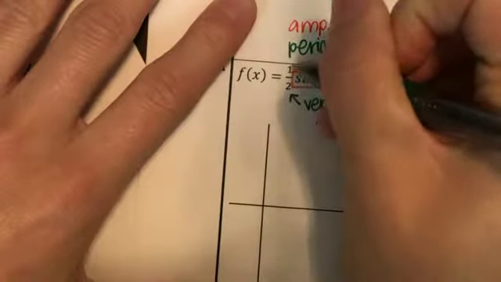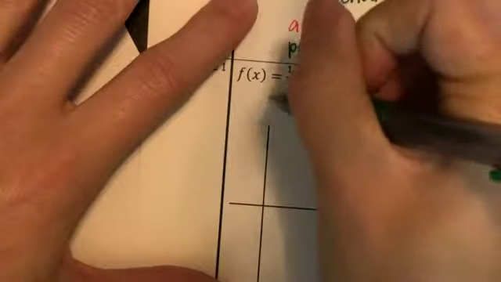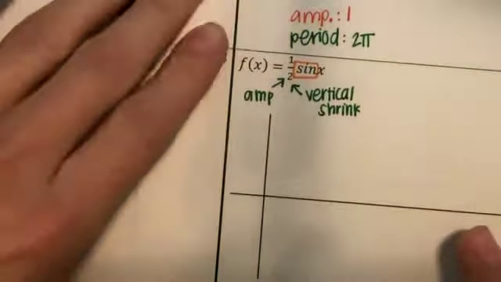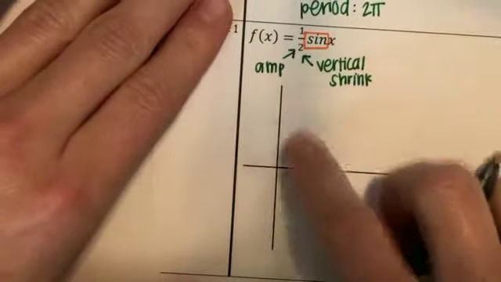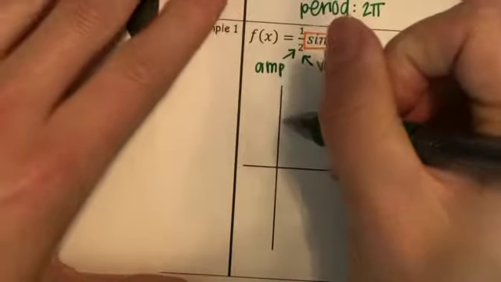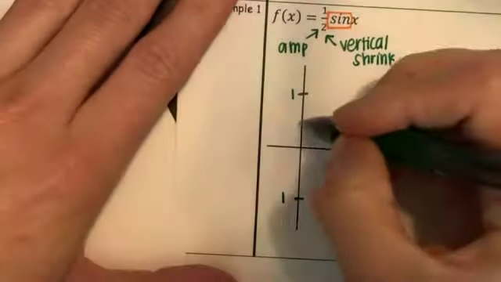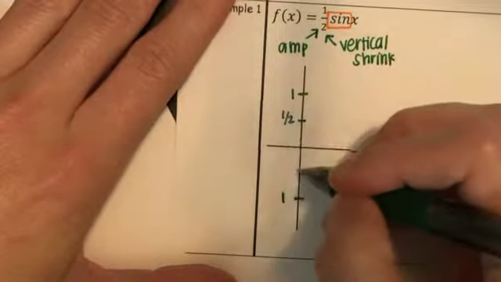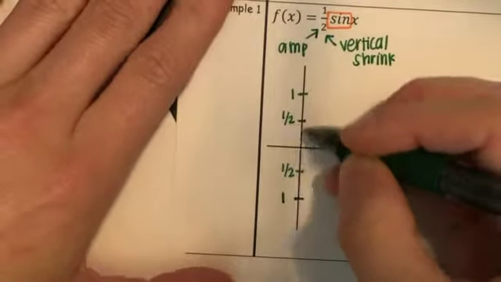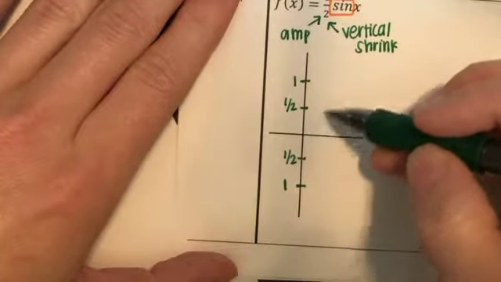Always, this number is going to be our a value or our amplitude. That tells us how tall our graph is going to go. So I'm going to put 1 right here and negative 1 right here, and then 1/2, because 1/2 is how tall my graph is going to go. It's going to bounce between 1/2 and negative 1/2 because of this value.